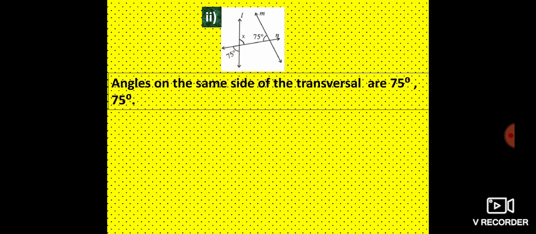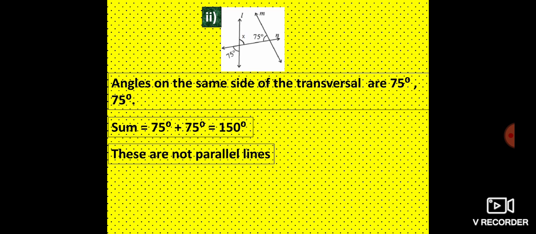Therefore, the angles on the same side of the transversal are 75 and 75 degree. Now we find the sum. The sum is 150 degree. Therefore, these are not parallel lines.